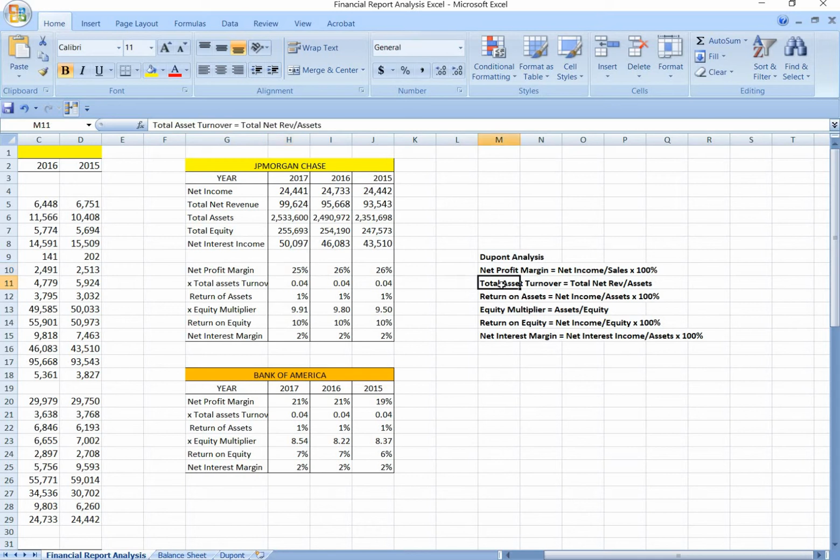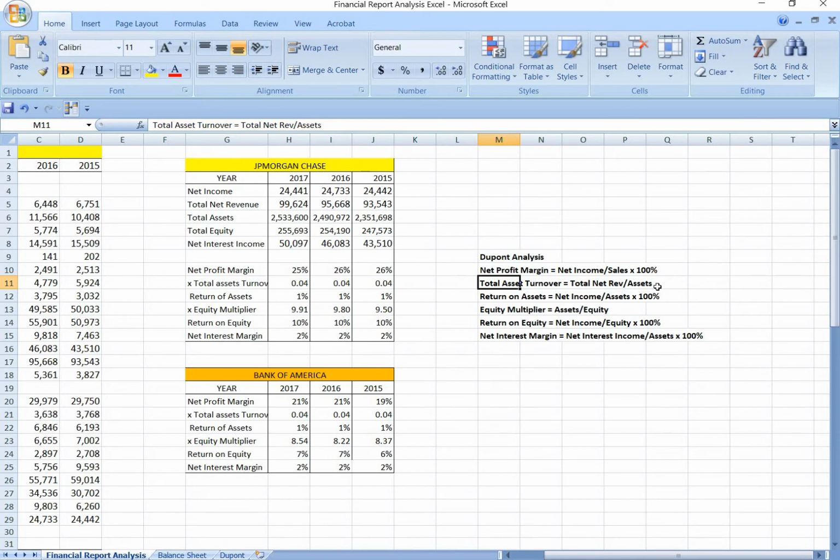Now let's move to total asset turnover. It's total net revenue divided by asset. This formula is a ratio that measures the value of a company's sales or revenue relative to the value of its asset.